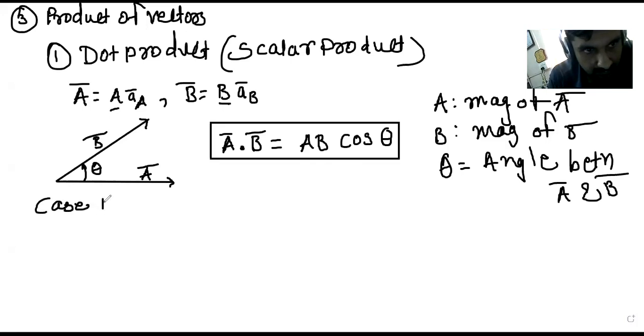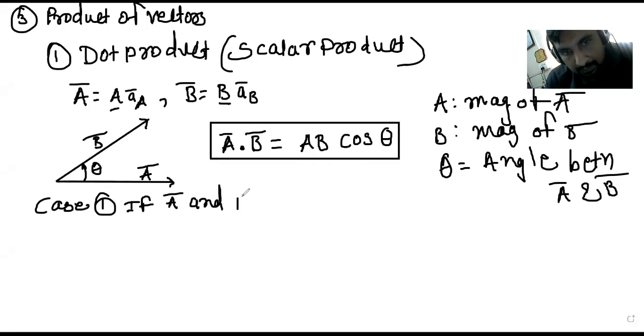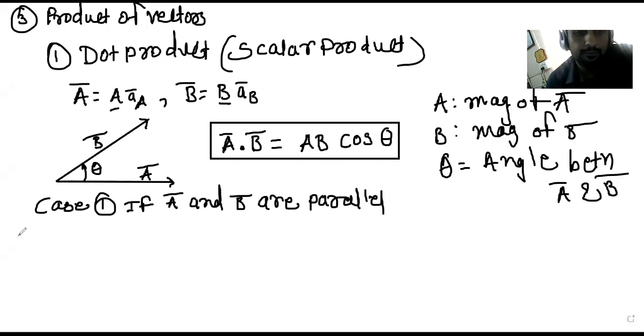Case one, with respect to the value of theta: if A bar and B bar are parallel. Now tell me, if A bar and B bar are parallel, then what is the value of theta?